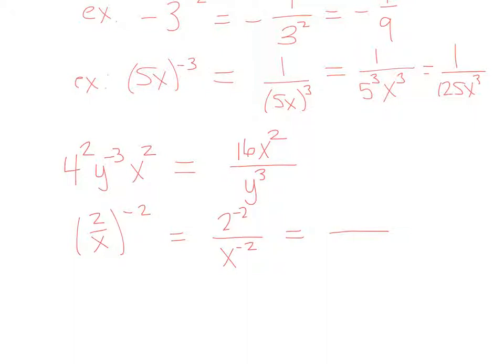So we're going to put that down in the denominator with a positive exponent, and we have an x in the denominator with a negative exponent. So what that does, if we take the reciprocal of something that's already in a denominator, it puts it in the numerator. So we end up with x squared. And simplifying that out, we get x squared over 4.